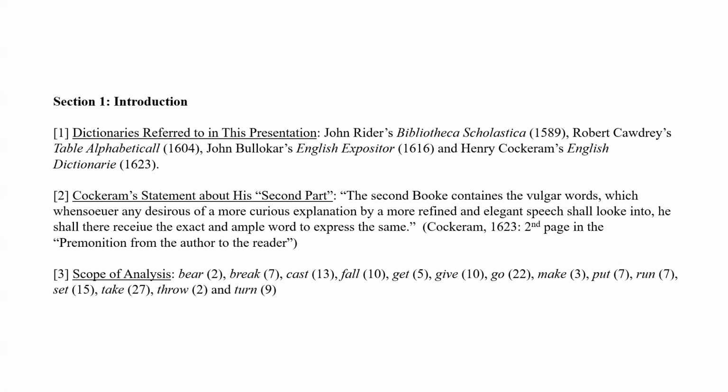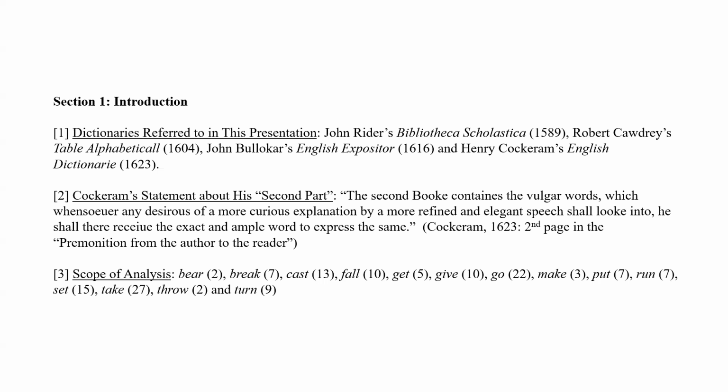Section 1, Introduction. Henry Cockeram's English Dictionary, 1623, is the third oldest dictionary of English, following Robert Cawdrey's Table Alphabetical, 1604, and John Bullokar's English Expositor, 1616. It is widely known that Cockeram's dictionary is comprised of three parts.